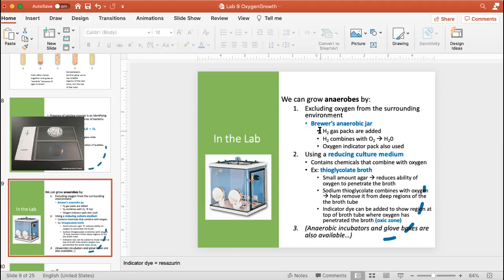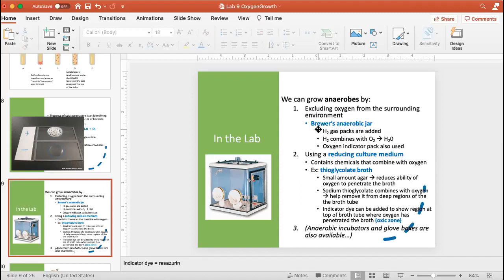Inside the jar, when you buy one of these jars commercially, you get what's called a hydrogen gas packet. And these packets look like juice packets, you know, those juice containers that little kids use that have the aluminum foil kind of pouches.